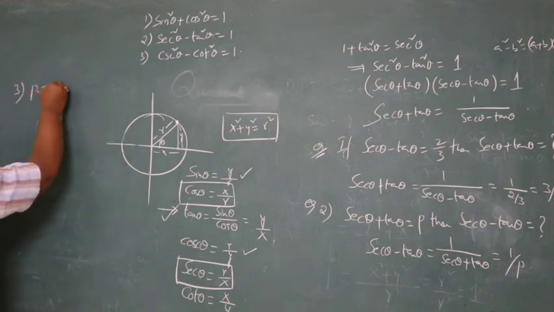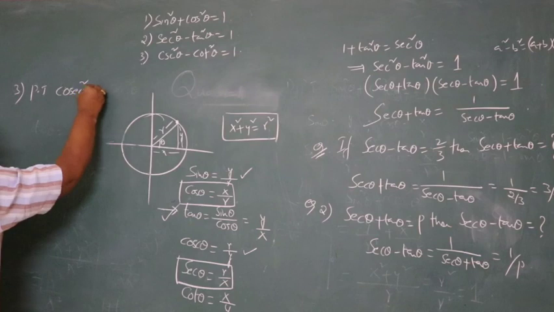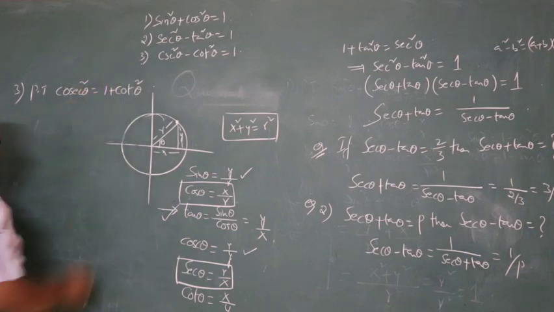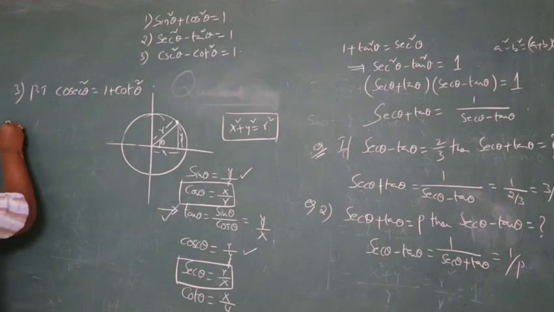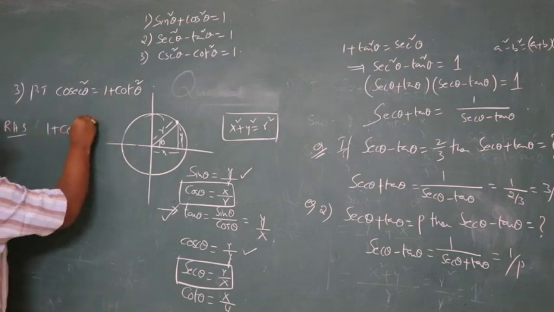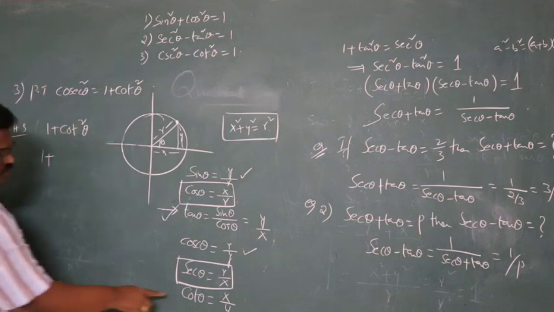Prove that cosecant square theta is equal to 1 plus cot square theta. Now take the RHS, 1 plus cot square theta. This is 1 plus, what is cot?